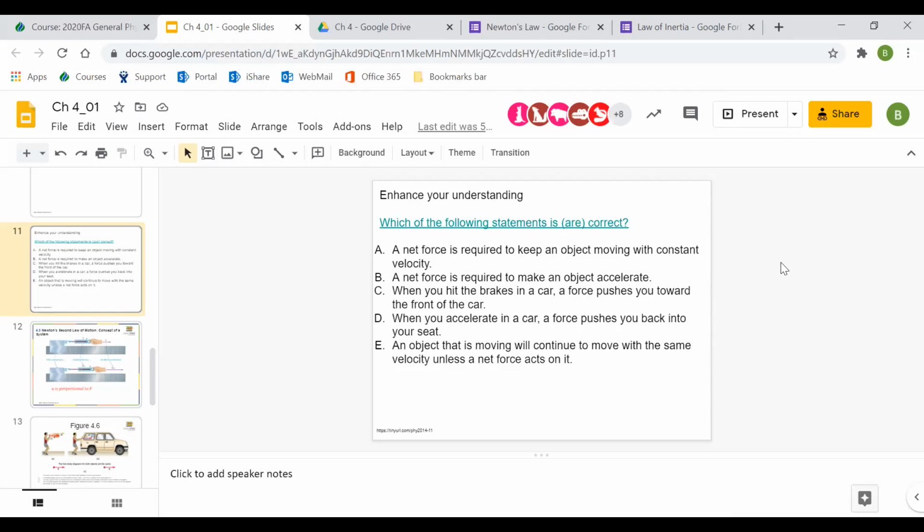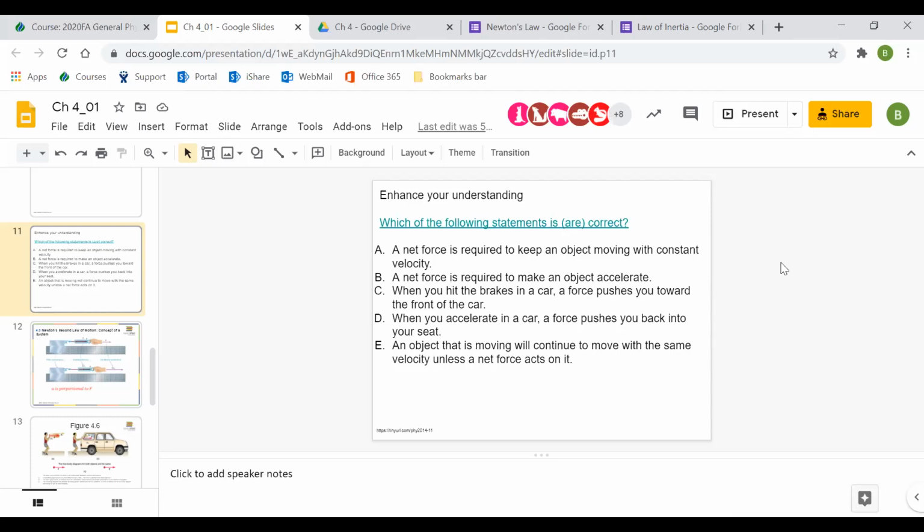C says when you hit the brakes in the car, a force pushes you forward, towards the front of the car. I think C and D are your perceptions. Because in order for a force to push on you, something has to exert that force on you, and there's nobody pushing you in that scenario.